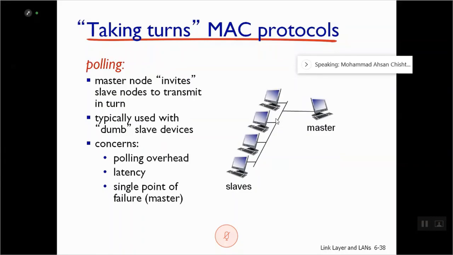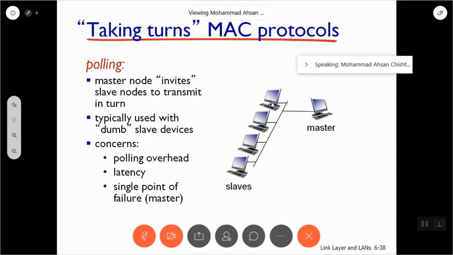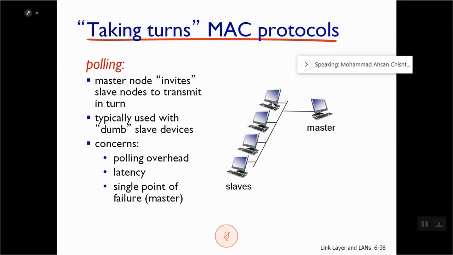And also it is centralized. We have a master-slave relationship. If the master fails, the whole of the MAC protocol of taking turns fails.